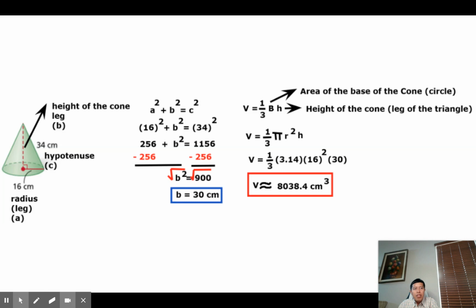So that's why we have this approximate symbol, or is about 8,038.4. And the unit of measurement is cubic centimeters. Why centimeters? We're using centimeters in all the dimensions. Why cubic? Because when we measure volume, the answer should be in cubic units.